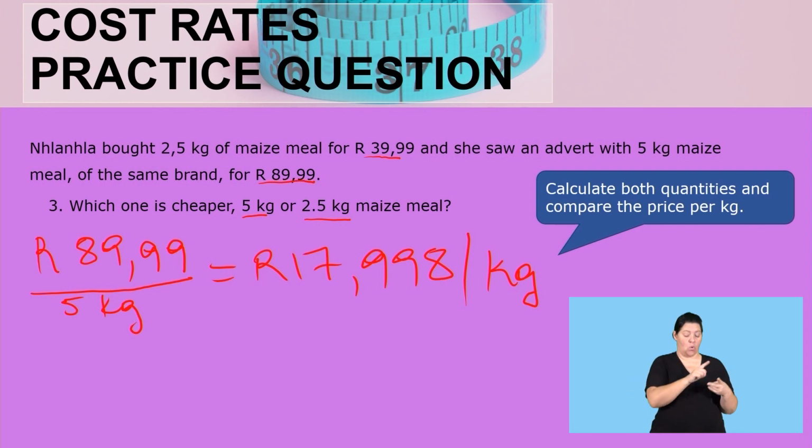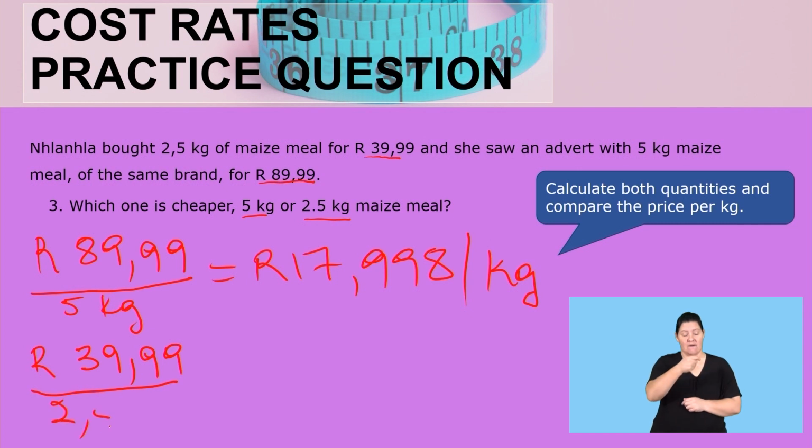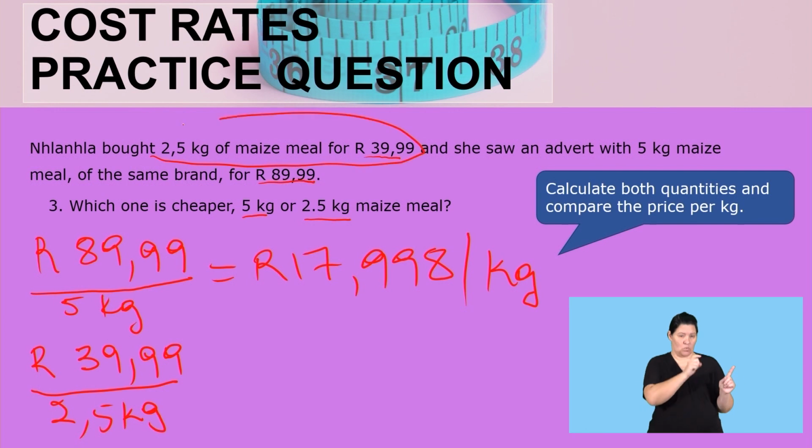Now, let us calculate for 2.5 kilograms. So for 2.5 kilograms, it was 39.99 that she paid when she bought this. And then we divide this by 2.5 kilograms. This is the first part of your question. So now let us press the calculator together and get the cost per kilogram.